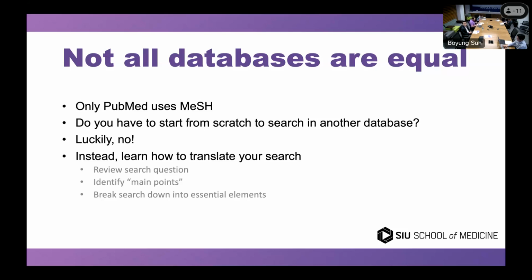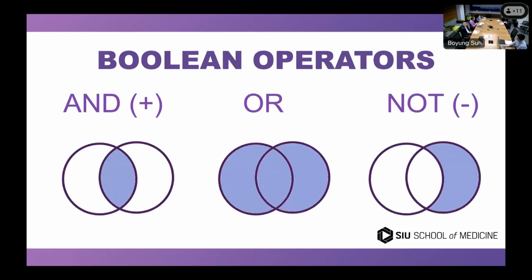So while we're searching, I do want to point out Boolean operators. In case anyone does not know what these are, Boolean operators are AND, OR, and NOT. So with AND, we're combining two things together. We want to know about medical students and feedback. When we construct that in a search engine, we're telling it we want articles that talk about medical students and feedback.